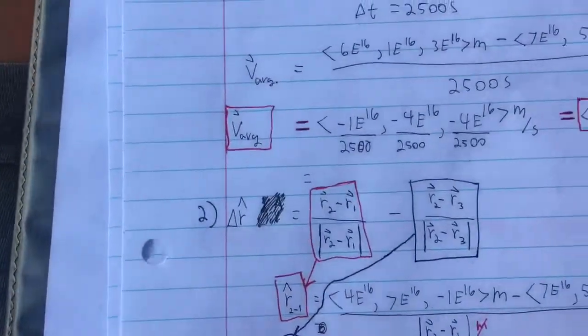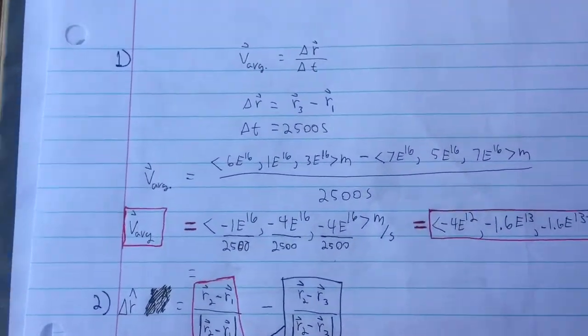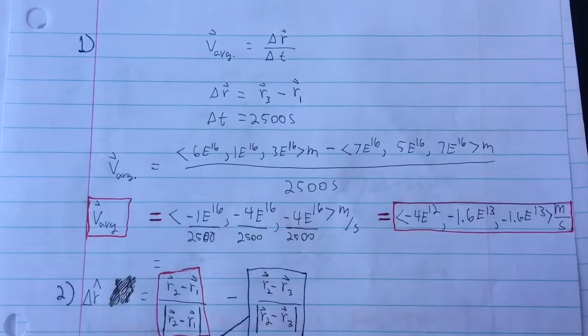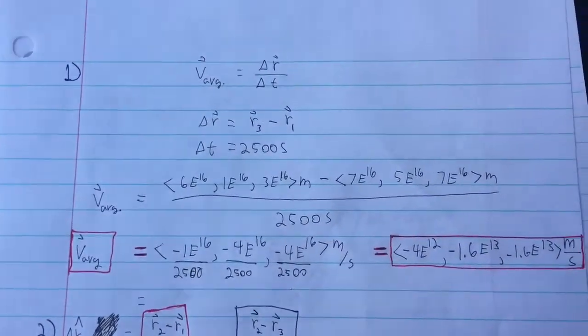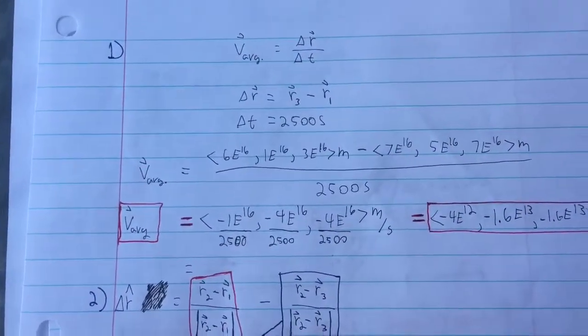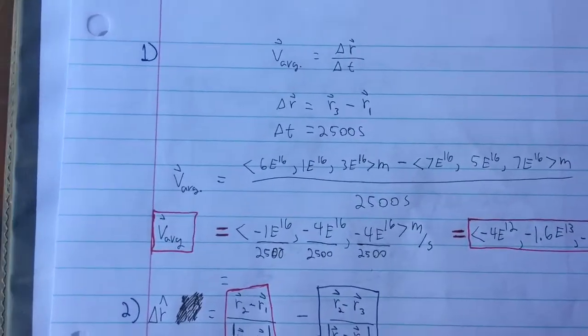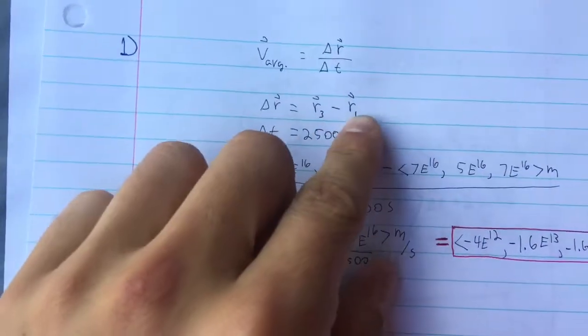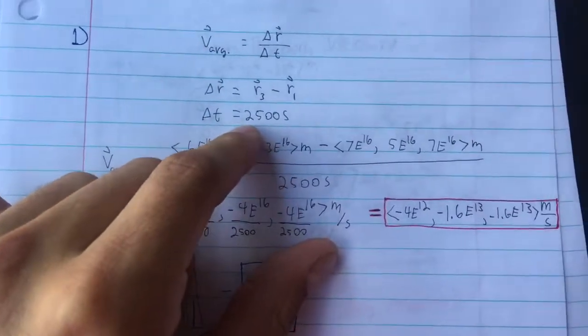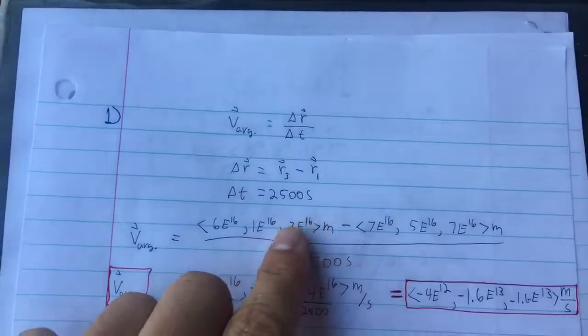So for our first part, we want to find our average velocity for Rocket Sega. We have our final position, so we can subtract our initial position from that to get our change in position. Then we are given our change in time over this period between these two points.